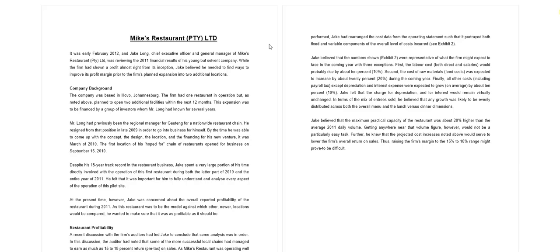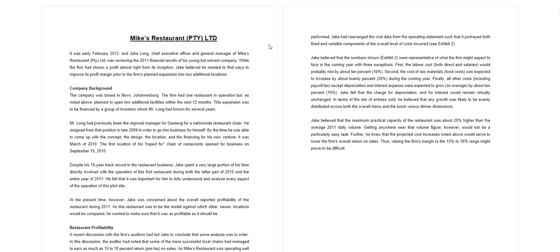Mike's Restaurant is a case that uses a somewhat complex environment of producing many different products, in the sense of different plates of food that are sold at different prices, and there's a volume component that determines how many of these plates you sell.